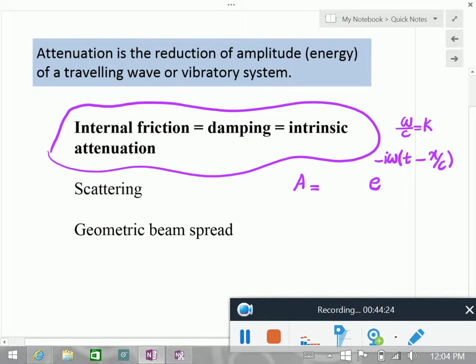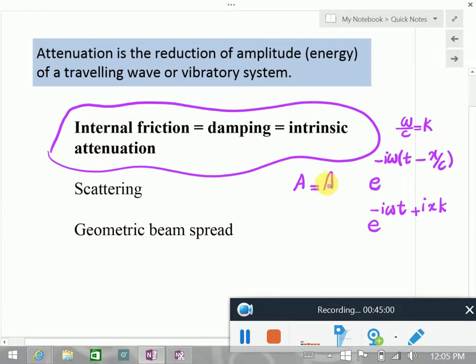I wrote this in different ways before. So in the 3D wave equation, if you remember in the video, I derived something like that. One term is wave number and distance, and the other term is time. Remember? That's A, that's just the amplitude of the wave. But we didn't have any attenuation term here.